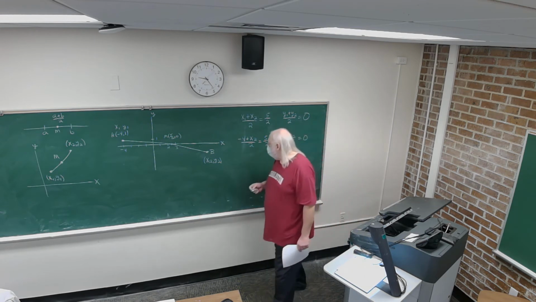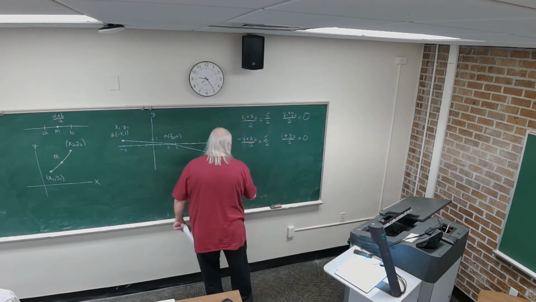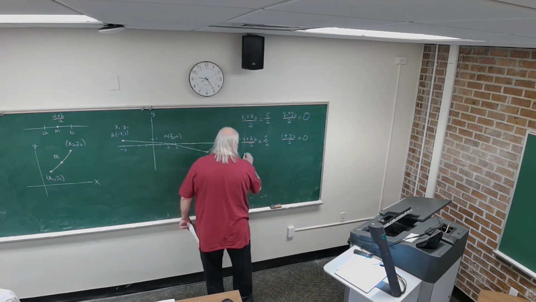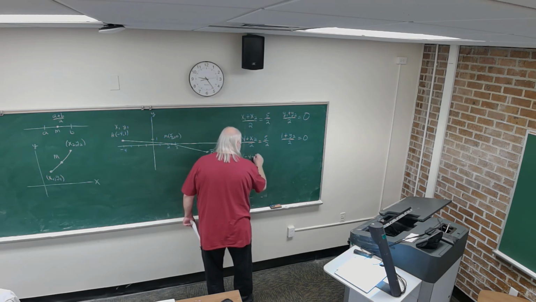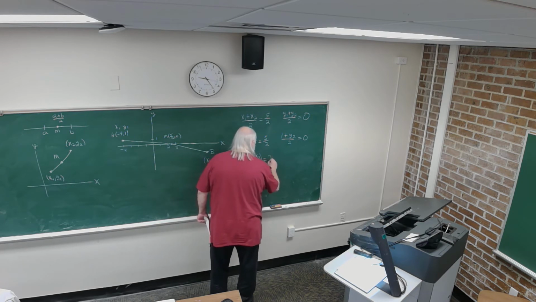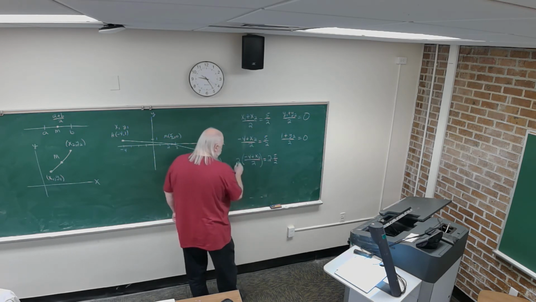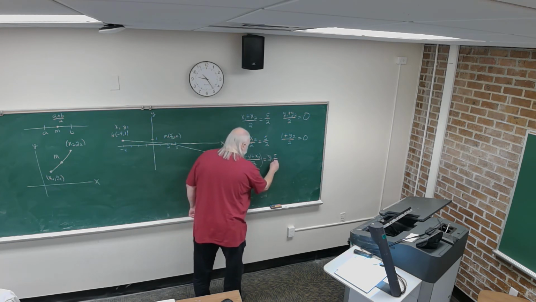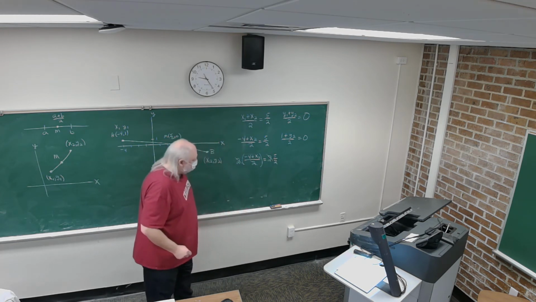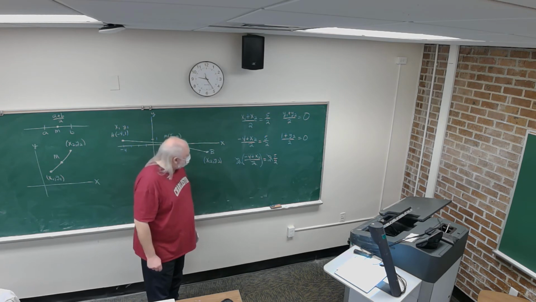So when we do that, we have 2 times minus 4 plus x2 over 2 is equal to 2 times 5 halves on the right. Multiplying by 2 on both sides clears the fractions.